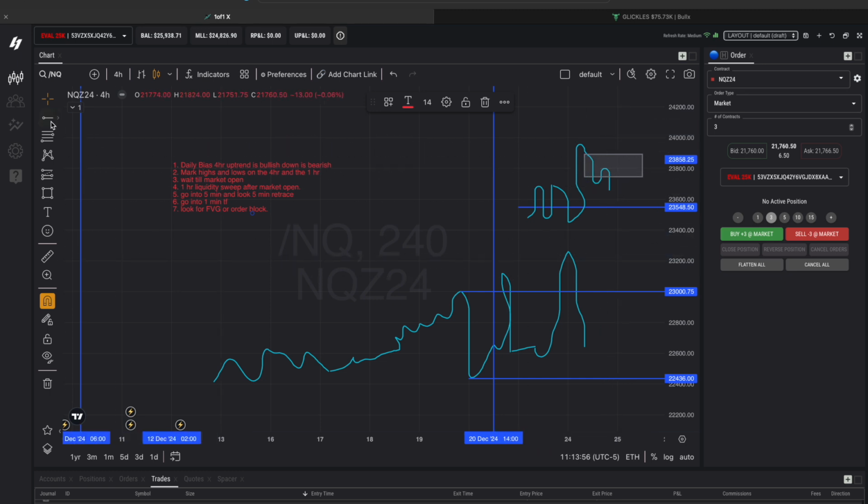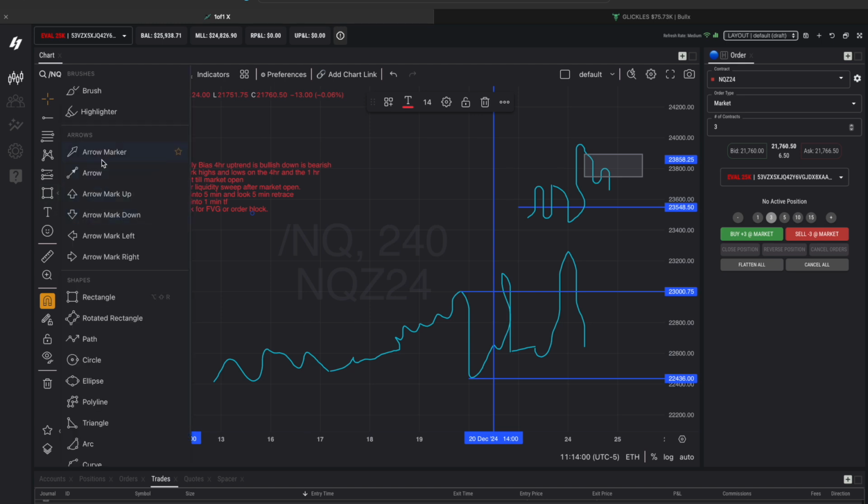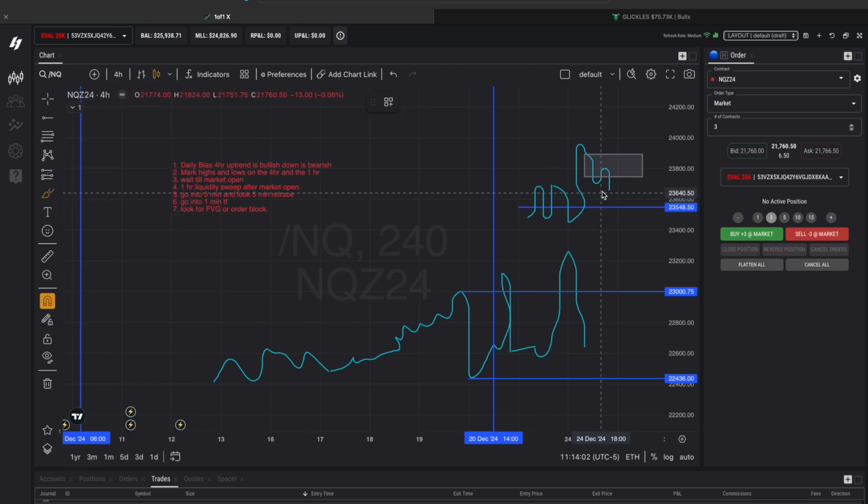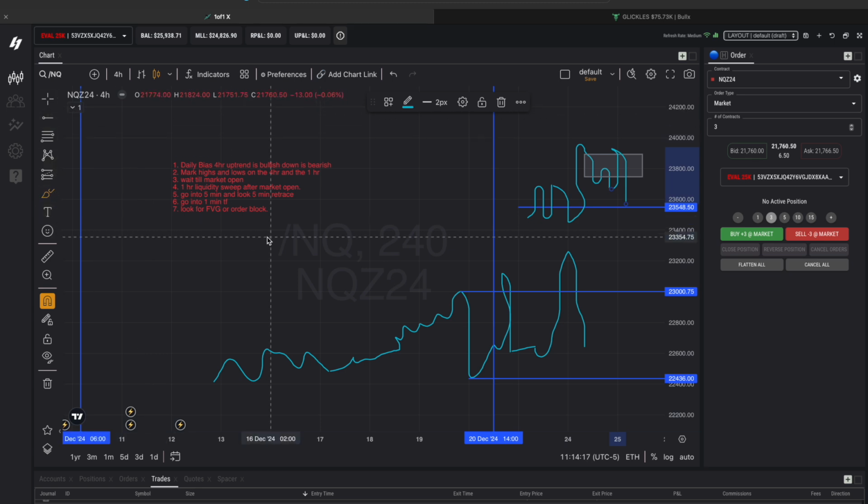Another thing I could have also looked for is an order block. So if price actually wanted to come back up and then come into this order block here and then come back down, you see it tapped in this leg up before this leg down, and then we get a break of structure, I would also trade off of that.